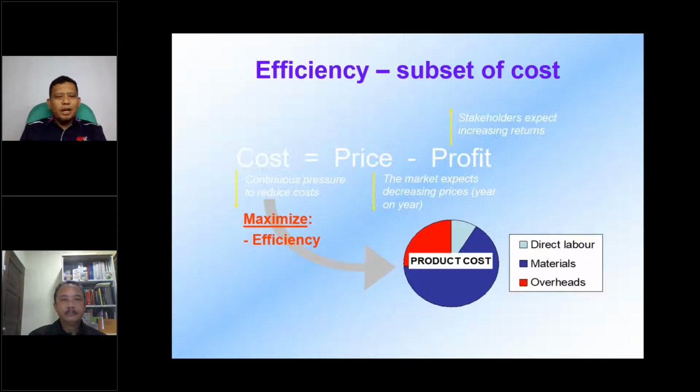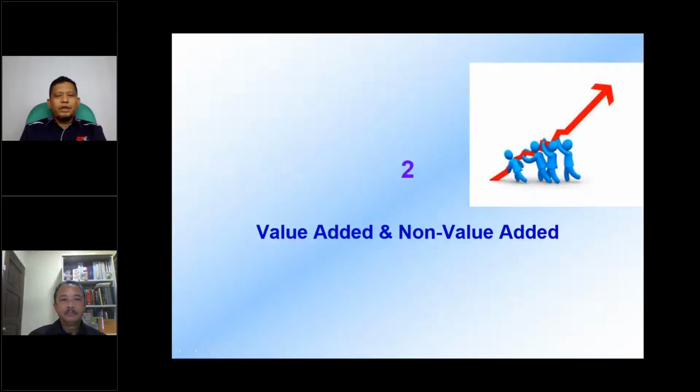So how do we make this efficiency maximum? There is an important factor that is normally discussed under lean manufacturing, which is value added and non-value added.